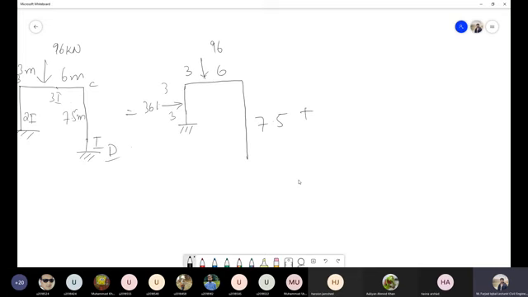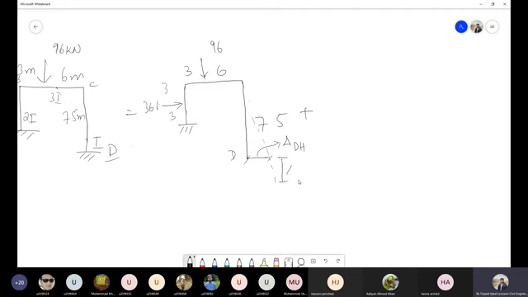So we will have this as our horizontal deflection. This is D point, so I will call this delta DH. DH means the deflection at D point, or the horizontal deflection at D point.